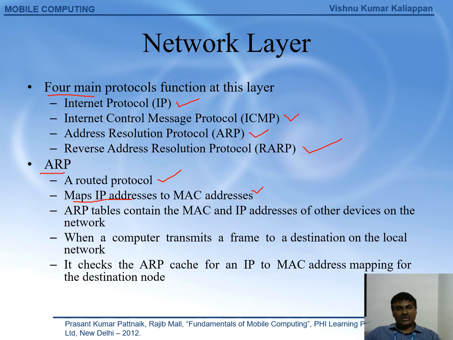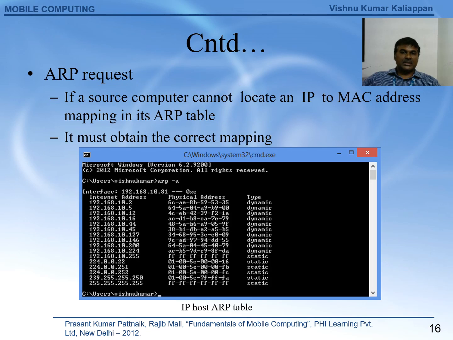Whenever the source wants to transmit data to a destination, the ARP protocol looks up the table containing the MAC addresses and IP addresses of the other devices or equipment in the network, and based on that the data is transmitted. So it checks the ARP cache for the IP to MAC address mapping for its destination address.